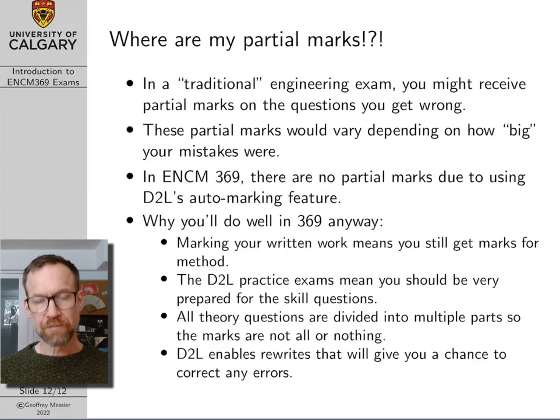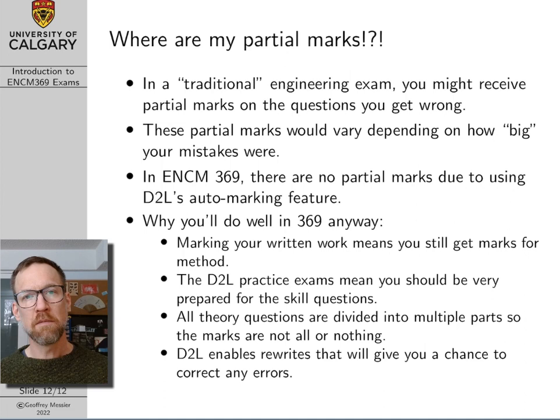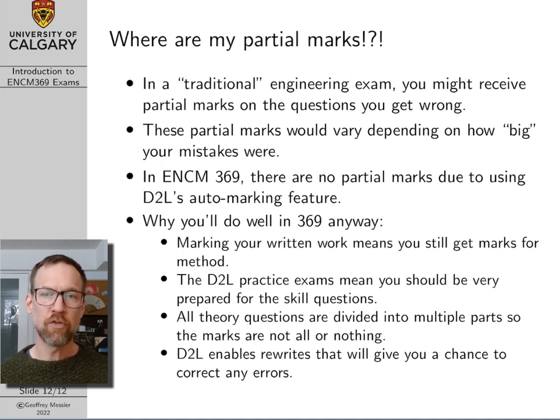And then finally, just to conclude the video, one little bit about, again, looping back on marking. As I mentioned earlier, in a traditional, quote unquote, engineering exam, there would be a mark out of 10.